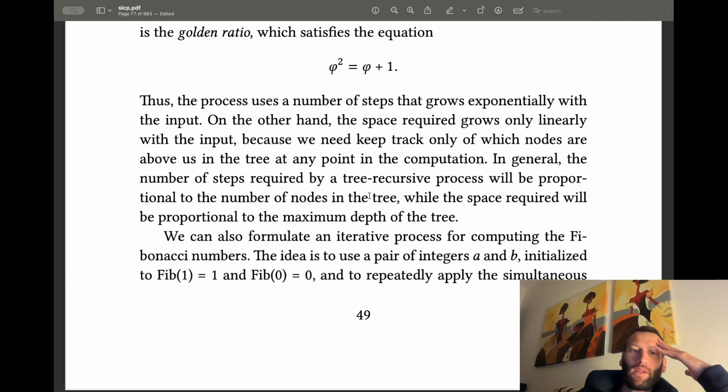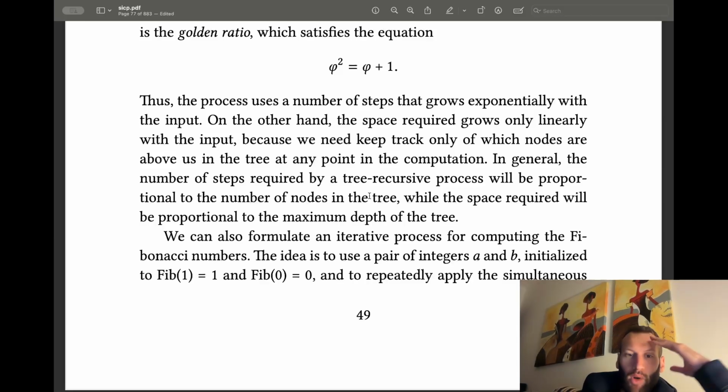Okay, so the number of steps, which is the time in a complexity analysis, is proportional to the number of nodes, while the space is only proportional to the maximum depth of the tree.